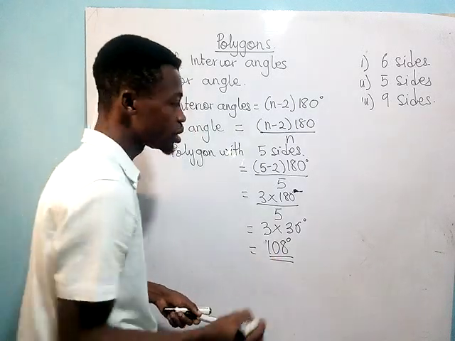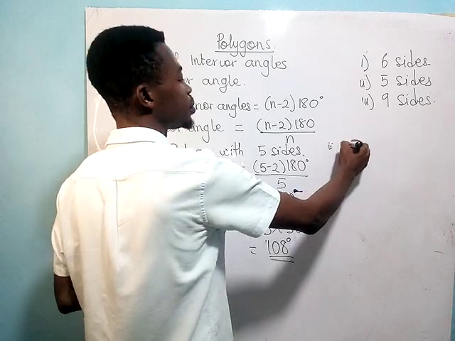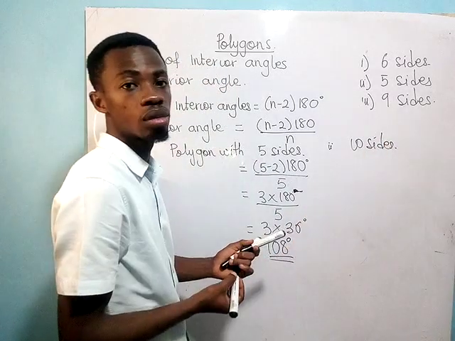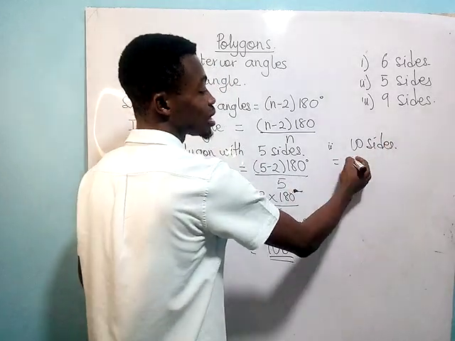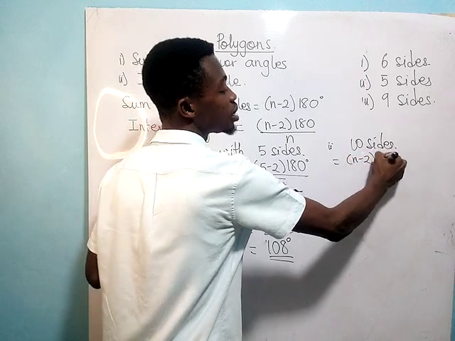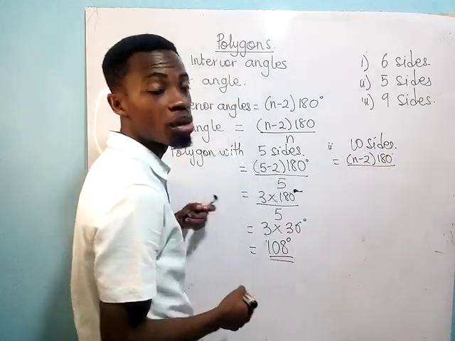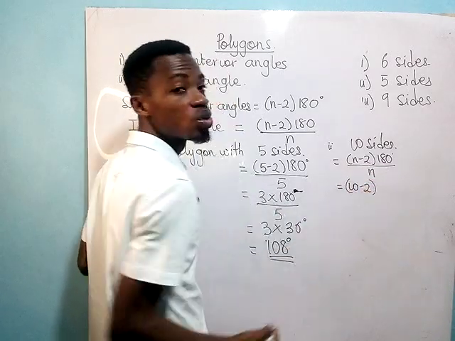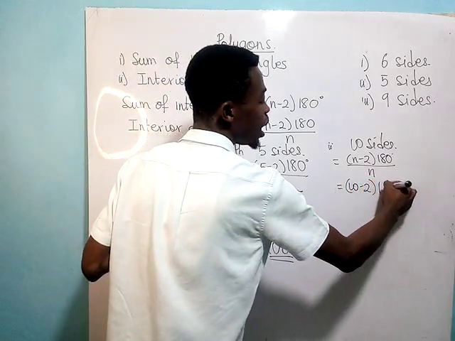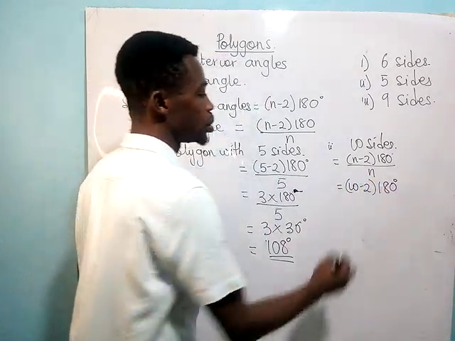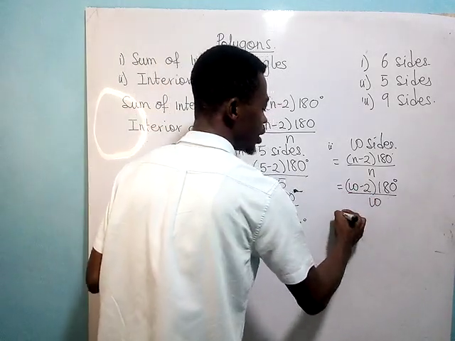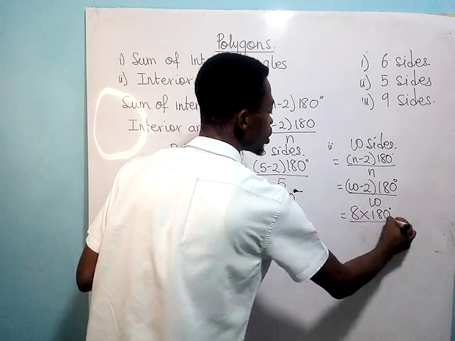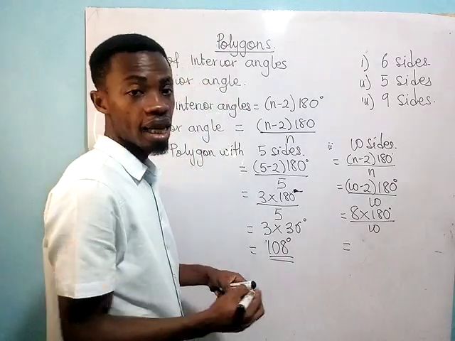Let's take another question. A polygon with 10 sides. So this is going to give us the sum, n minus 2 times 180, over the number of sides, which is n. So here we have 10 minus 2 multiplying 180 degrees over 10, where we obtain 8 times 180 degrees over 10.